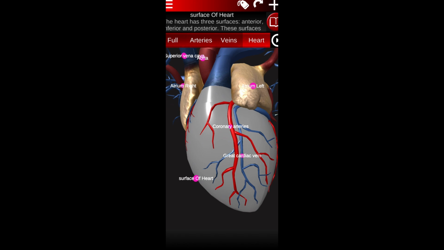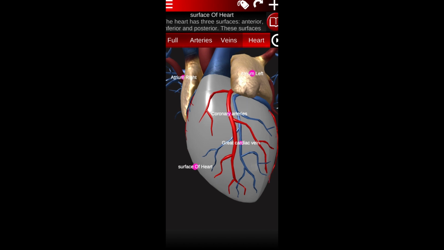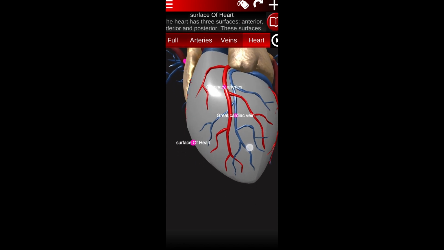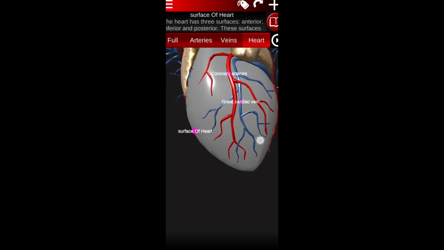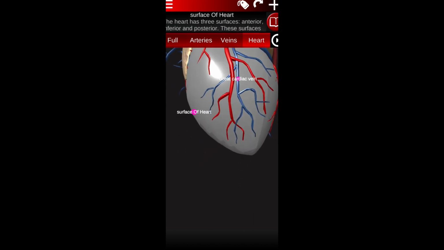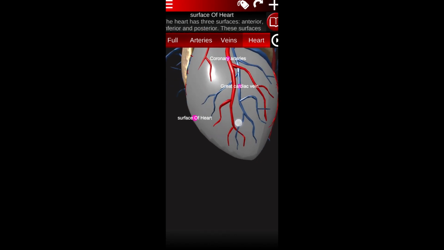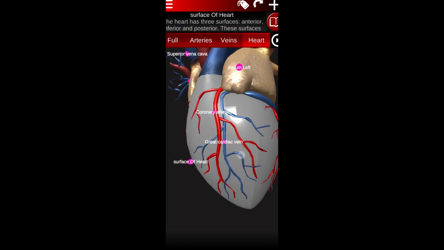Now here you can see that this is the anterior groove. It's not shown here, but this is where the anterior interventricular branch of the left coronary artery is moving from here. The groove over which it moves is called the anterior interventricular groove. And here you'll also find the great cardiac veins, which are divided into minor vessels, and these vessels supply all of the heart.